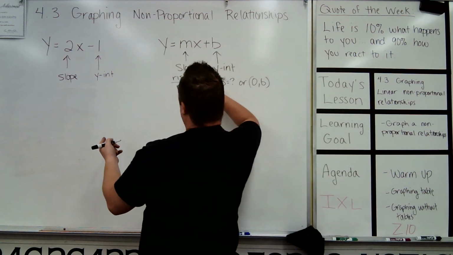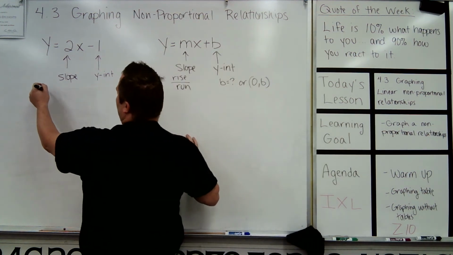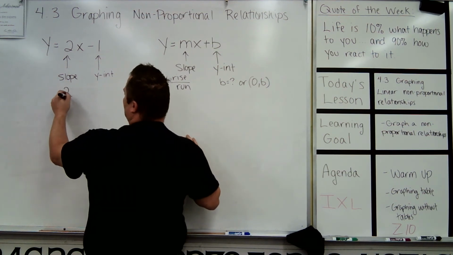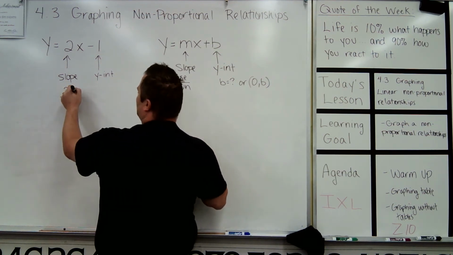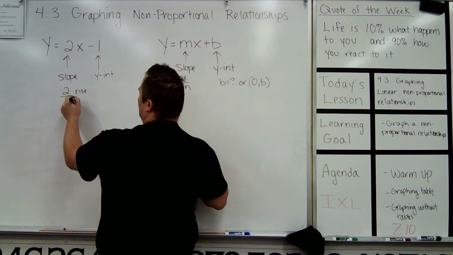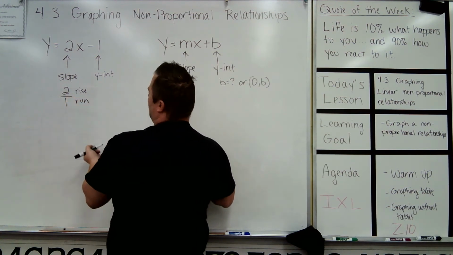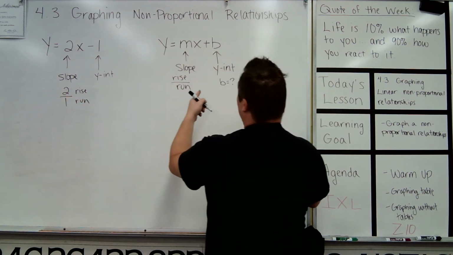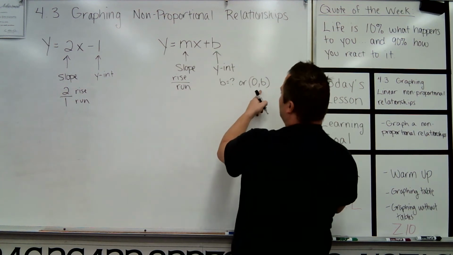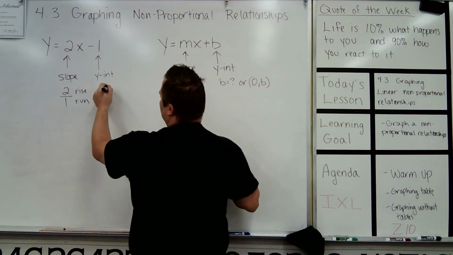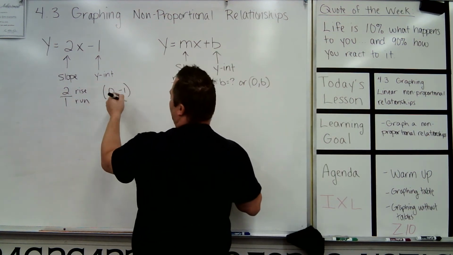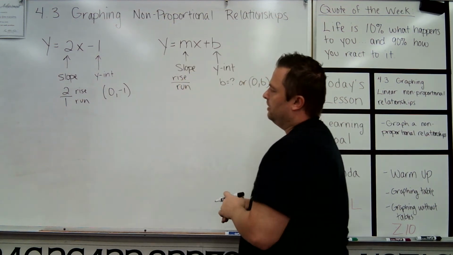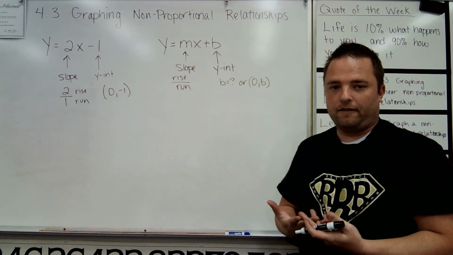Well, the slope has a rise and a run, which means the slope is 2, sure, but 2 over 1, with the 2 being the rise and the 1 being the run. And then my y-intercept is b equals, sure, but it's also 0, comma b, meaning 0, comma negative 1. So how does this help us graph?